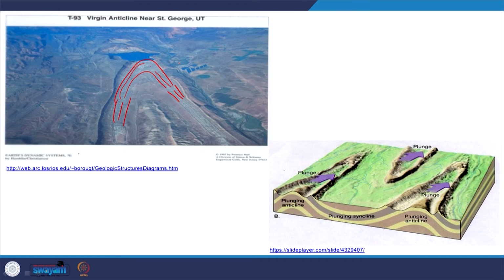Here you see this drainage flowing in this direction and it will curve somewhere here. So the direction of flow is towards the plunge of this fold. Similarly, here, if the drainage pattern develops like this, it indicates a plunging fold and the plunge is in this direction.